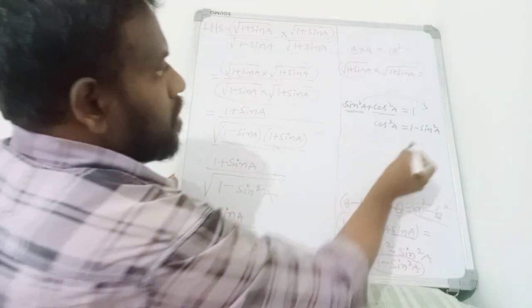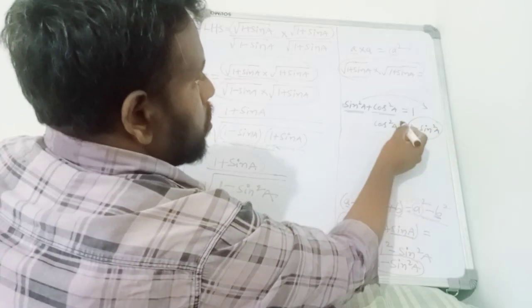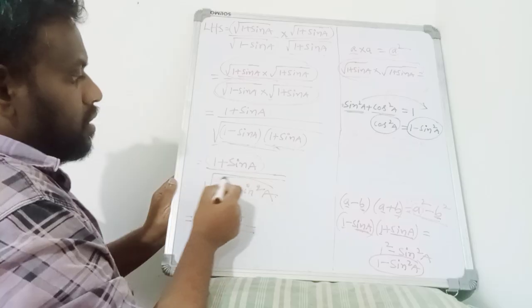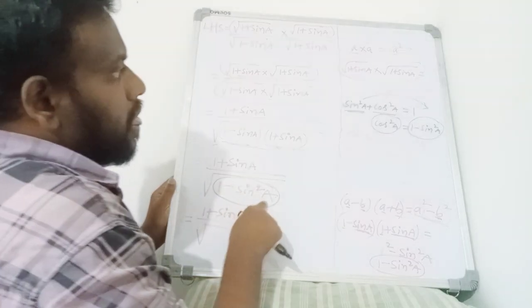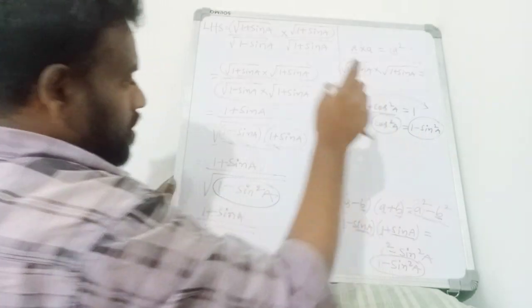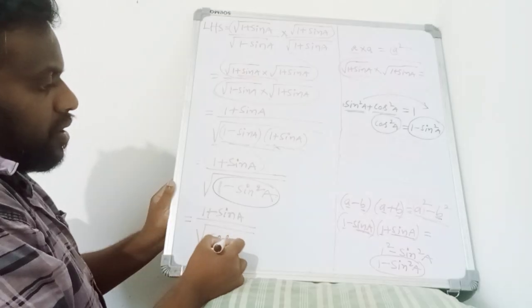So 1 minus sin square A is equal to cos square A. See here, in place of 1 minus sin square A, I can write cos square A, because 1 minus sin square A is equal to cos square A. So in place of 1 minus sin square A, I am going to write cos square A here.